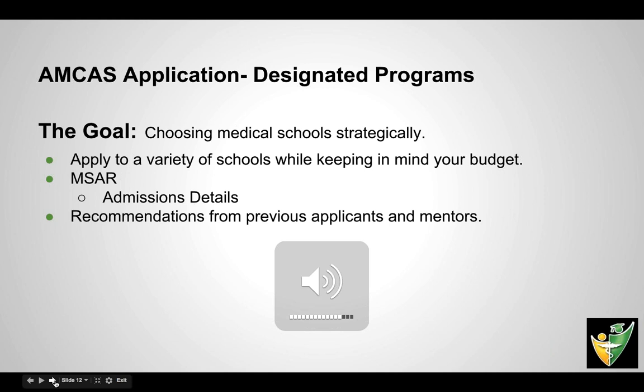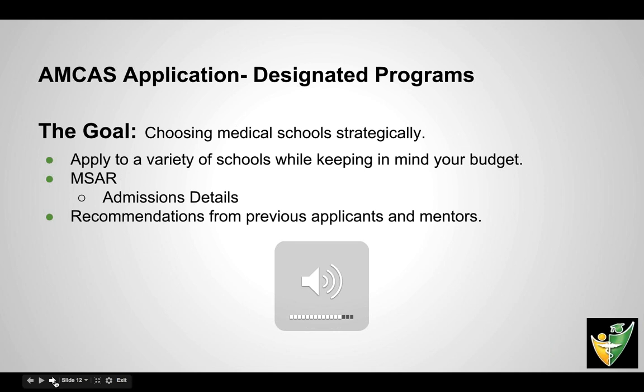You want to apply to a variety of schools. That might be having some reach schools, some schools you know you have a better chance of getting into, and some schools that have a better record of accepting underrepresented students who are out of state. So you have to be strategic and honest with yourself about where your faults and strengths are.